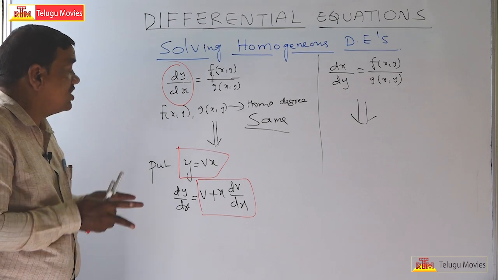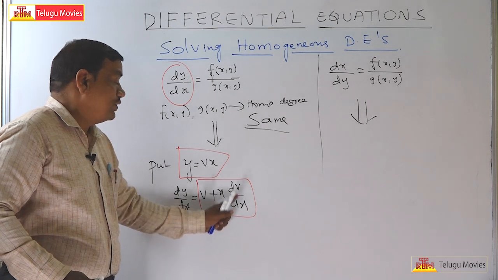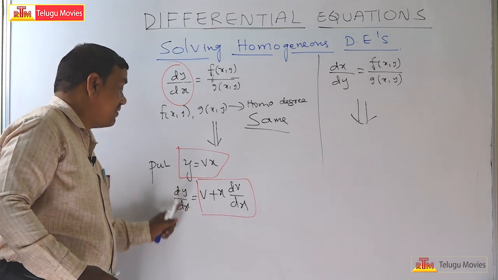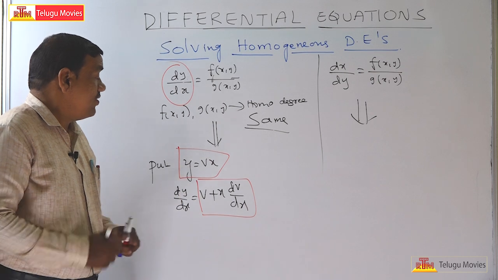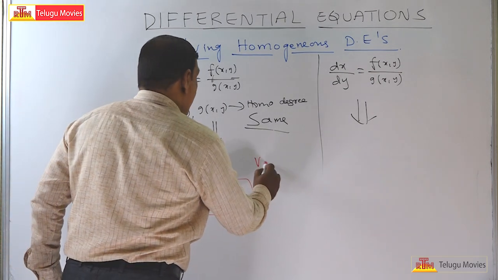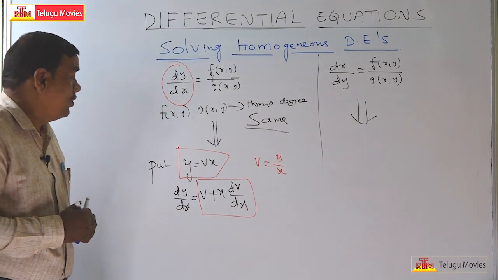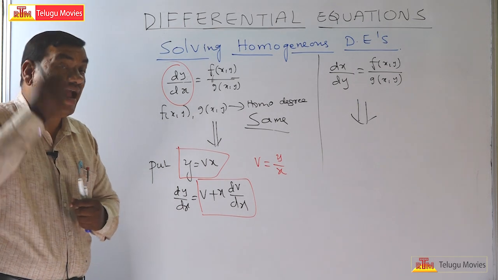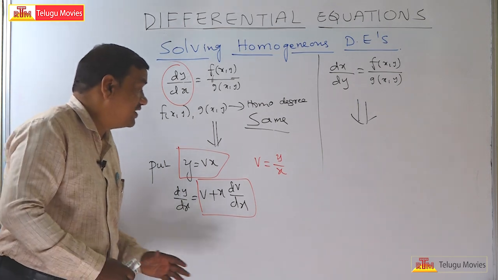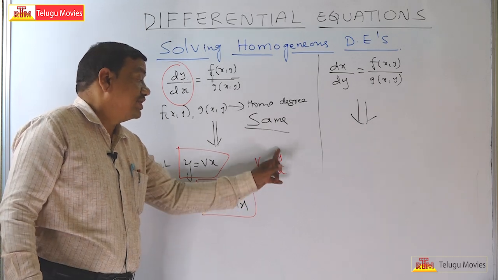So two substitutions we have to make. Finally, v is equal to y by x, which you have to resubstitute at the end, after getting the answer.